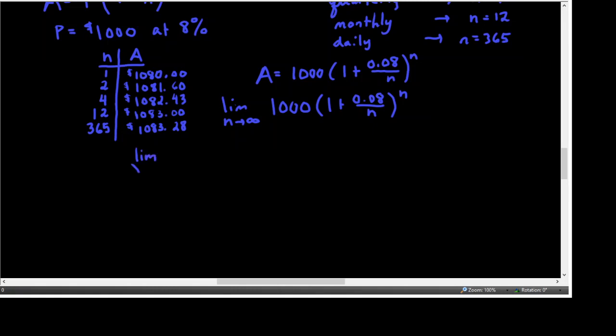The limit as x approaches infinity of 1 plus 1 over x to the x, so that looks sort of like our formula up there, is the same thing as the limit as x approaches infinity of, get a common denominator and add, that'll be x plus 1 over the common denominator x, all raised to the x. That's e.